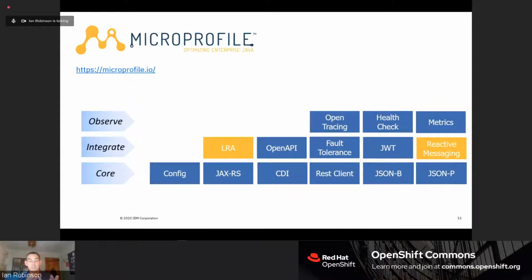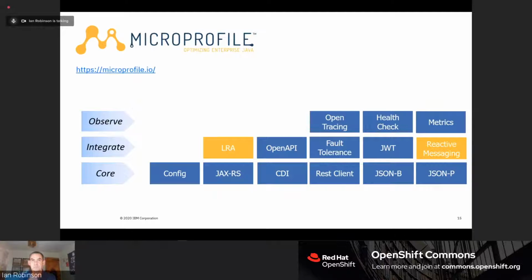So the long-running actions, the LRA specification here is shown in yellow with reactive messaging. What this indicates is that the current release of the set of MicroProfile standards are the blue specifications. So the current version of MicroProfile is 3.3.